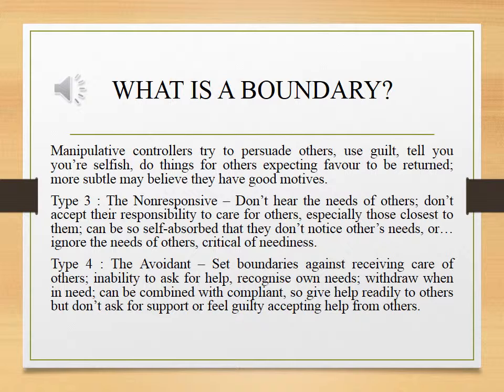Type four, the avoidant. Set boundaries against receiving care of others. Inability to ask for help, recognize own needs, withdraw when in need. Can be combined with compliant, so give help readily to others but don't ask for support or feel guilty accepting help from others.